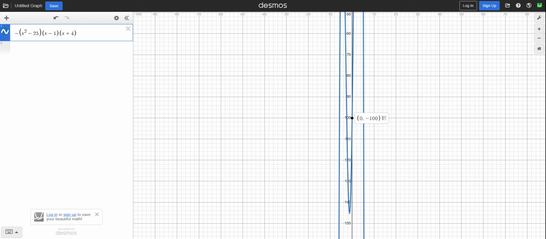Express the volume. Volume is length times width times height. Well, the length and the width are the exact same thing. And the height is the height. So V equals your height. And since the length and the width are the same, you leave this like this and put a square on it.